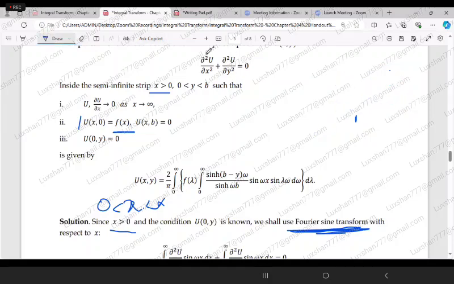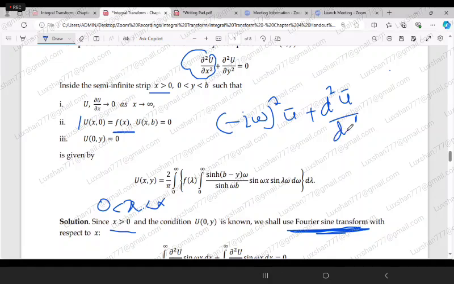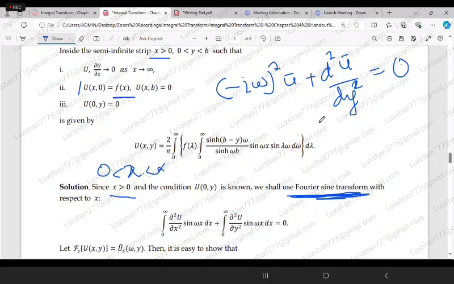This is the second derivative. Therefore, this will become minus i omega squared u bar plus d squared u bar over dy squared equals 0. So actually i squared means minus 1.